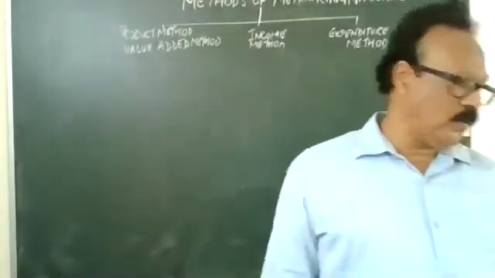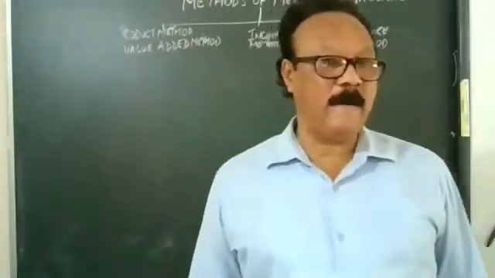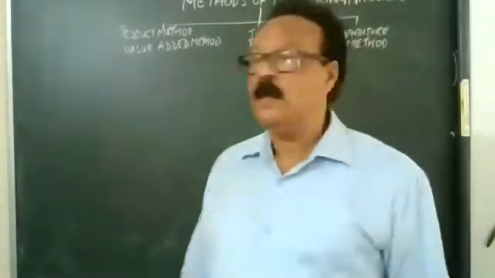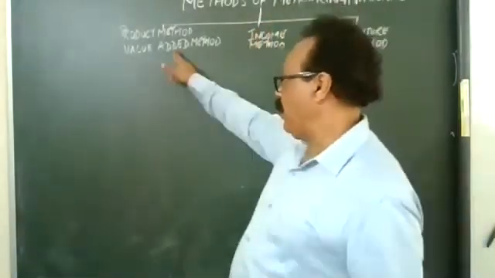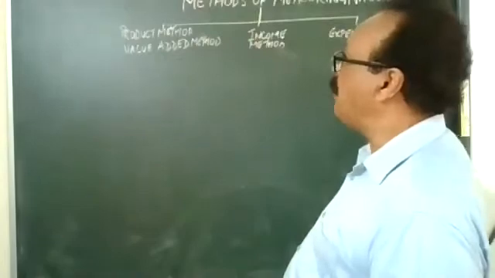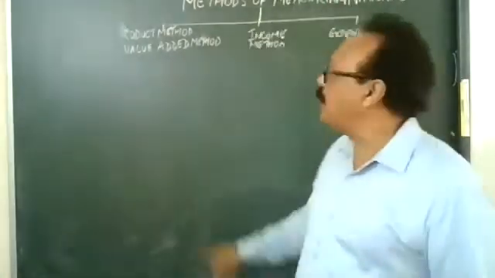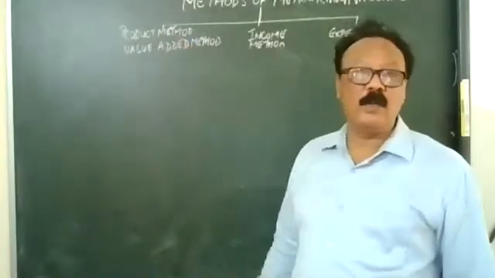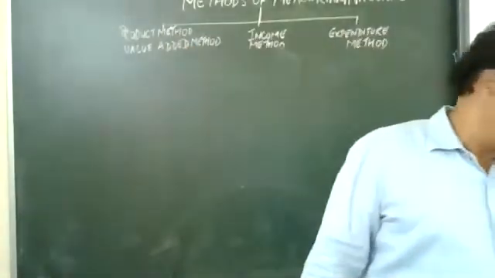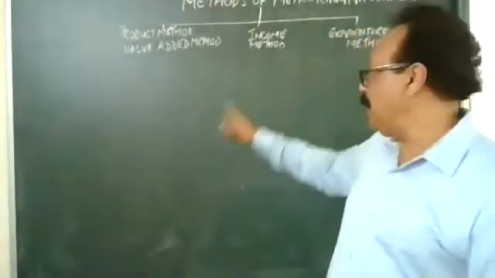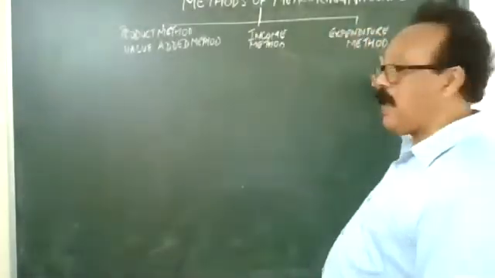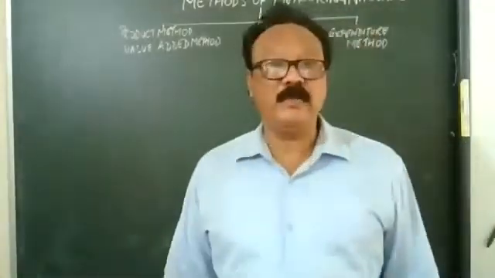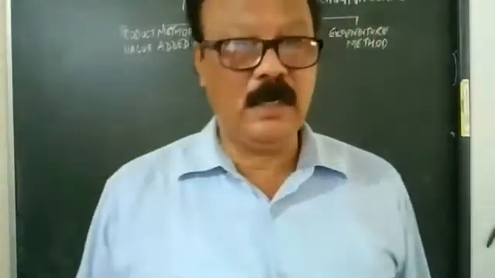So, corresponding to these three phases of the flow of income, national income can be measured by three methods. The first method is what we call the product method, or also called the value added method. The second is the income method, and the third is the expenditure method.